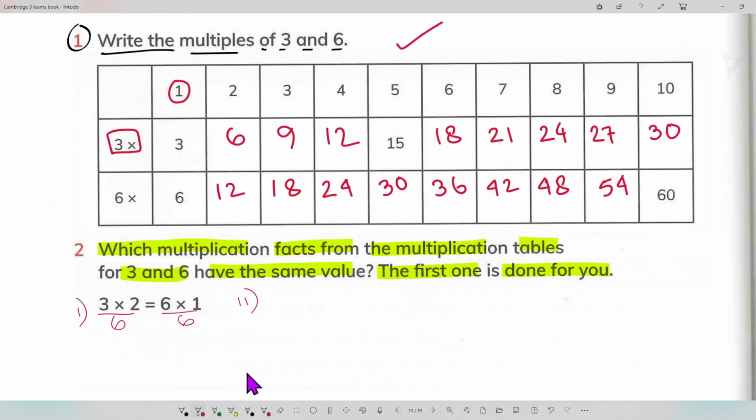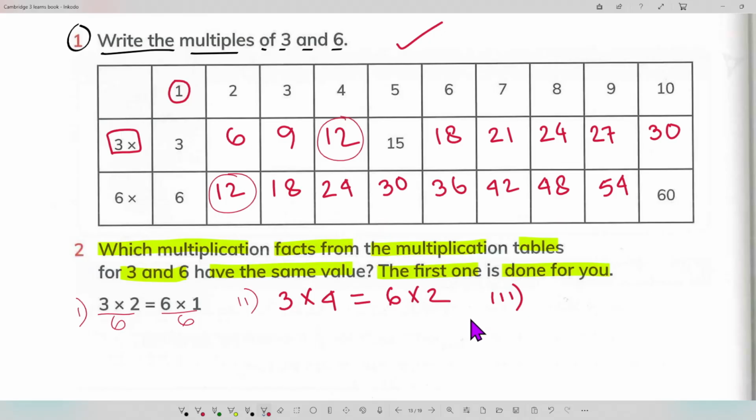Same thing, 3 times 4 is 12, and 6 times 2 is also 12. This is similar. So this one we can write like 3 times 4 equals 6 times 2.